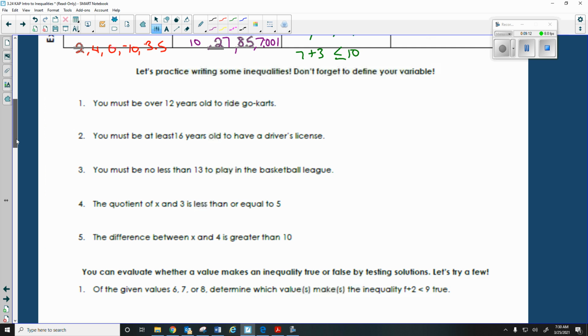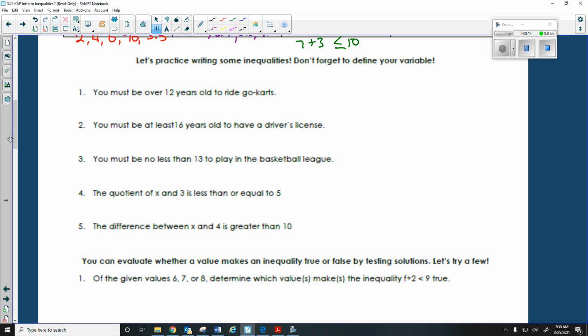Okay, so first we want to just practice writing. If I see a situation, writing the inequality that matches that. So I'll do a couple with you, and then I'll let you do a few on your own. The big thing to remember is that we're comparing two things, so I'm always going to have one thing on one side, something else on the other side.